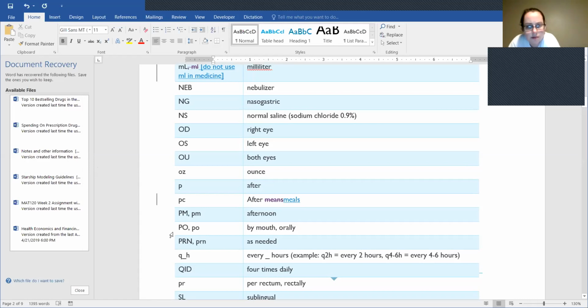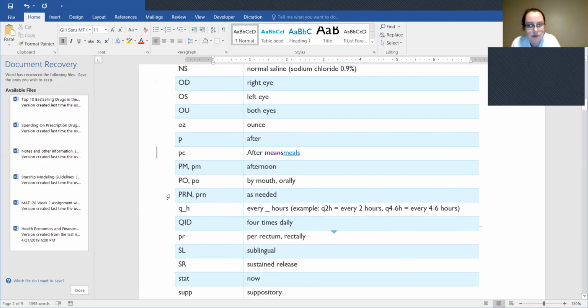And of course, we've got PO for by mouth, orally, and PRN for as needed. And usually it will tell you what you need it for. Where you'll see this a lot of times is for prescriptions of opiates.